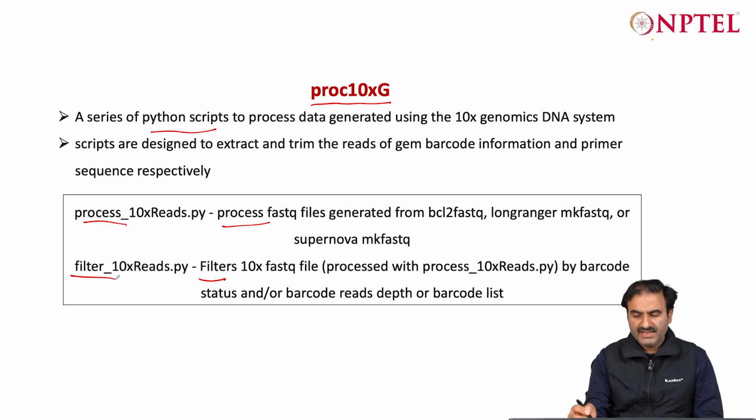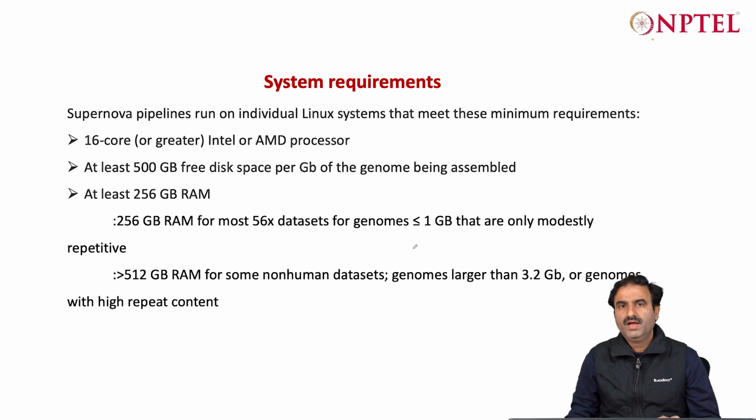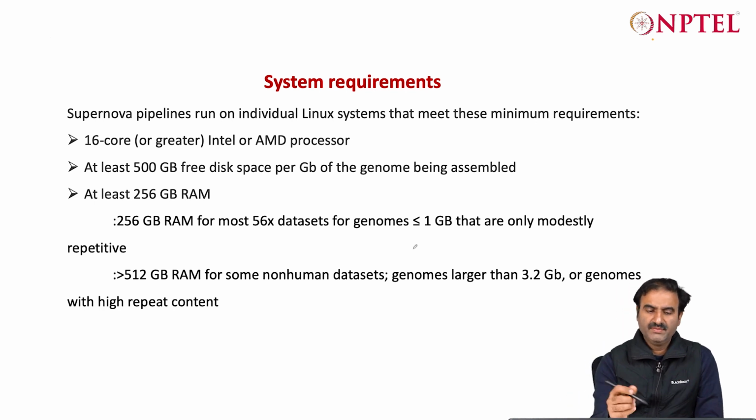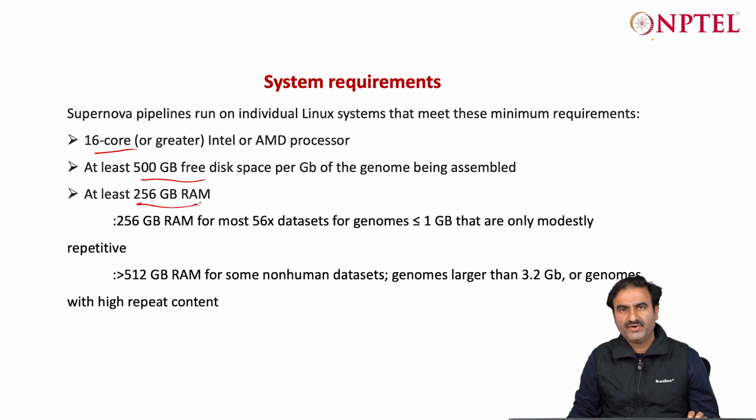It can take data either in BCL to FASTQ format or Supernova FASTQ format, and then it assembles and gives you the contigs. System requirements are minimal and depend upon how much data you are dealing with, but a simple 16 core AMD or Intel processor, 500 GB disk space and 256 GB RAM is required for this kind of assembly. We will be covering both Flye and Supernova and SOAPdenovo also in the later classes.